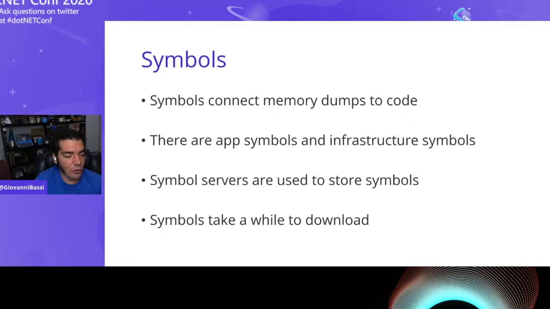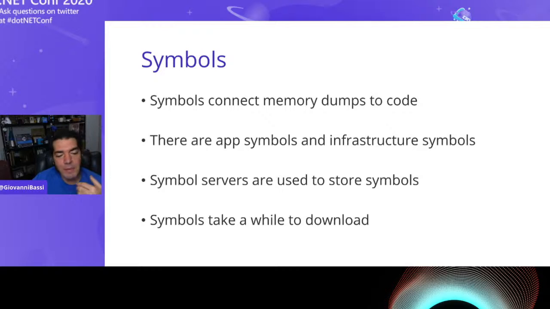So usually what we do is we cache it on our local machines, and so the next session starts a little bit faster. In the demos I'll be doing here, you're going to see that they start really fast because the symbols are already cached. Also, it's important to understand that every time a library changes, a new symbol has to be published.